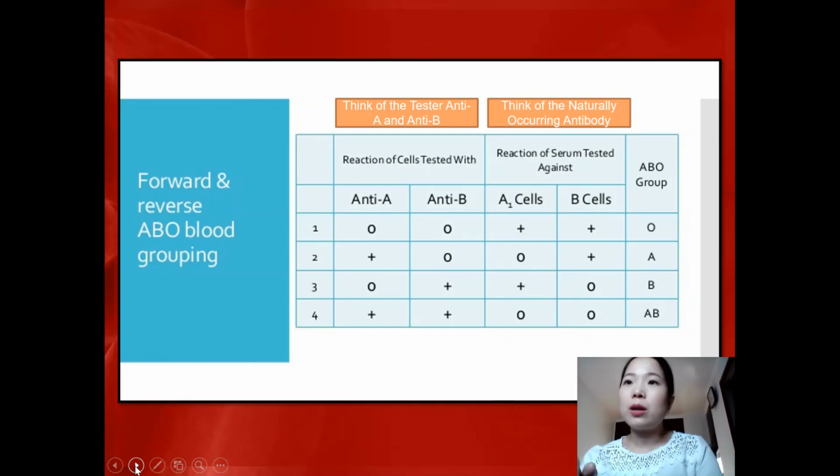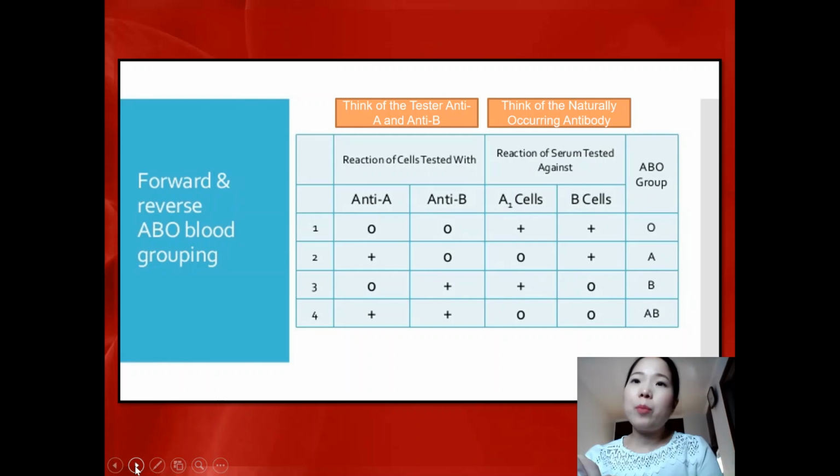That would be your blood type A. For the third, this red blood cell doesn't have an A antigen, but it has a B antigen. So what blood type has a B antigen on its RBC surface? That would be your blood type B.